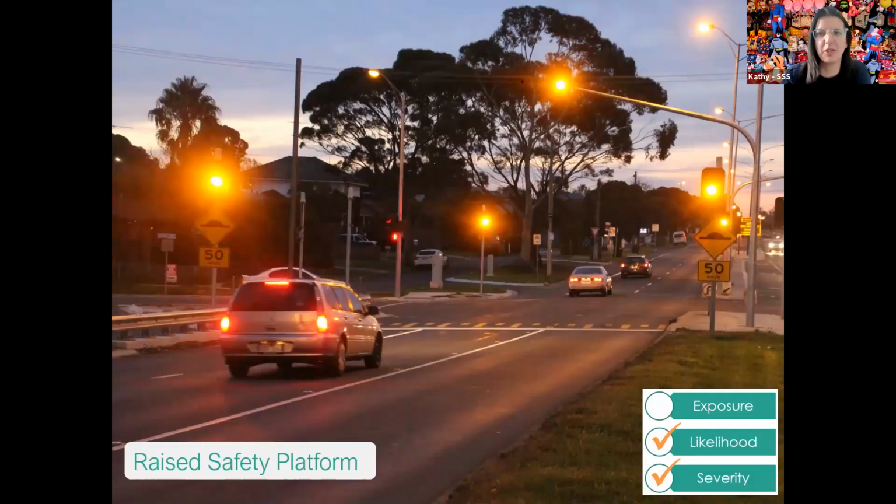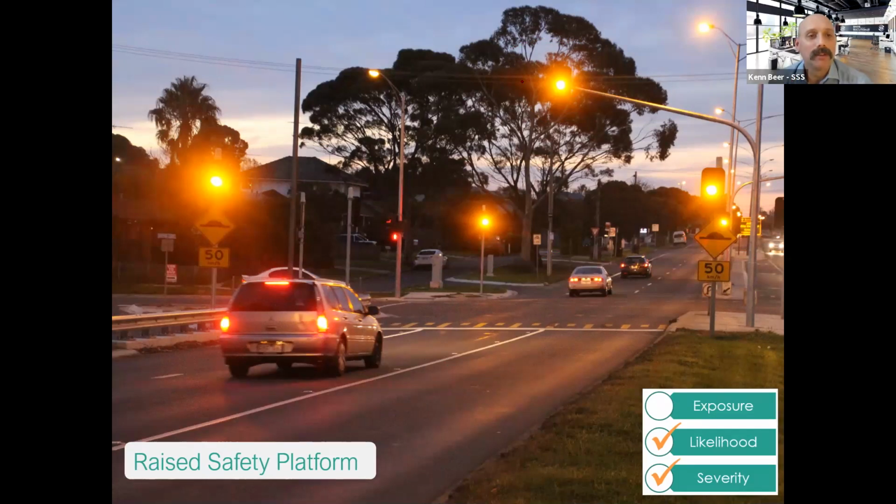Ken, questions coming through. If you can pause for a sec. What happens if you hit this at 80 kilometres an hour or 100 kilometres an hour? So it's not like an urban local area traffic management speed hump.